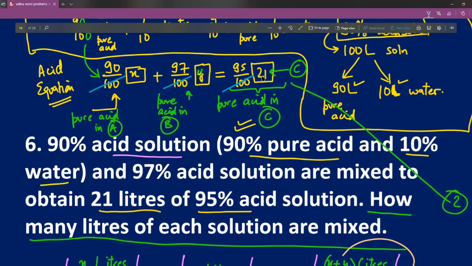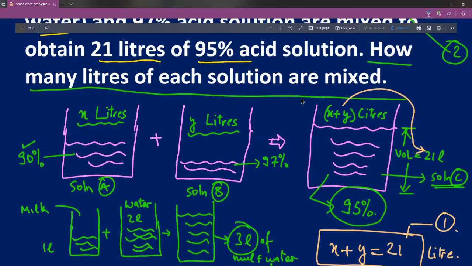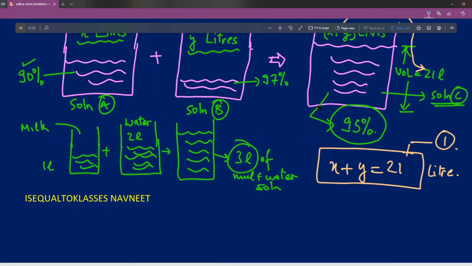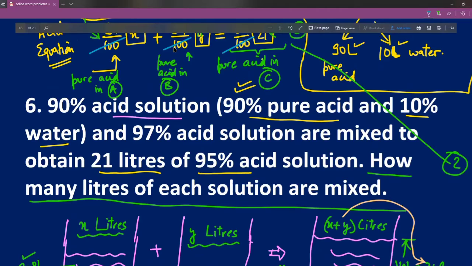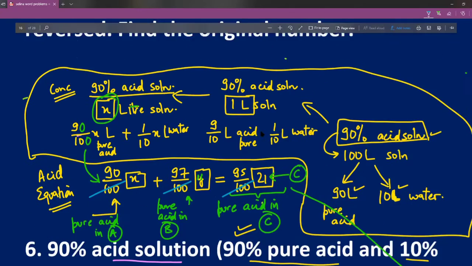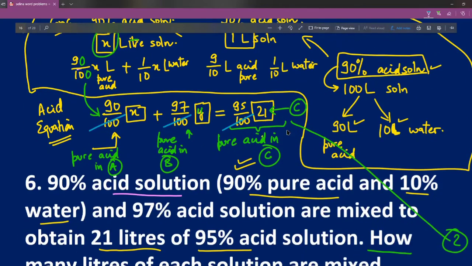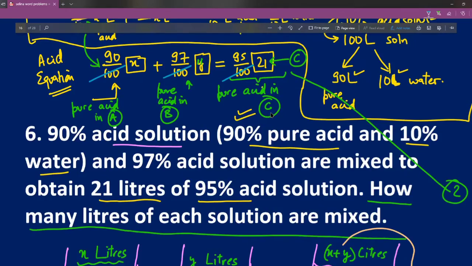So the simple equation that you will get is 90x plus 97y would be equal to 95 into 21.